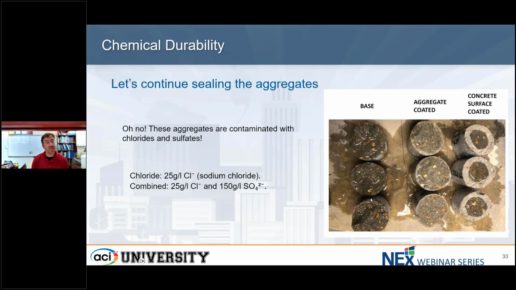And I like this picture here because on the left we have base, where we do nothing with the silane. You see the surface is very wettable, the concrete is moist throughout, and reactions can occur. In the middle here is when we mixed the concrete and we had a coated aggregate in the mix. The surface is not coated, but just the aggregates are.